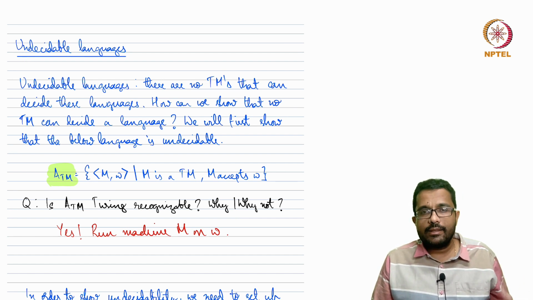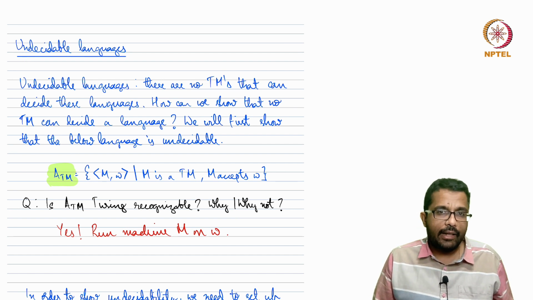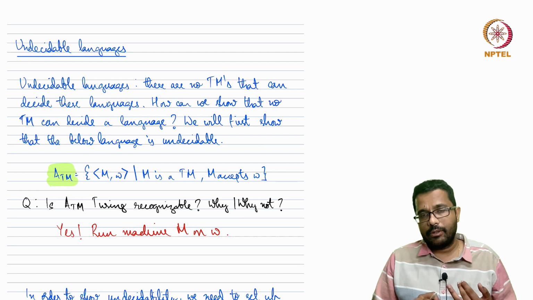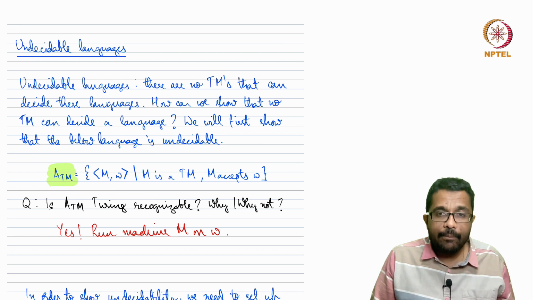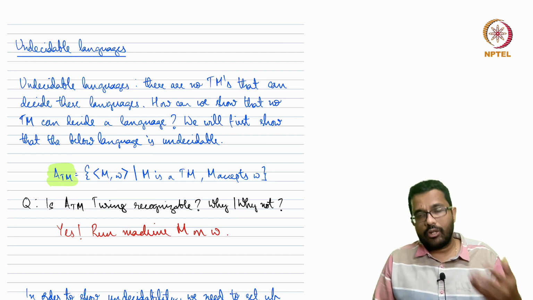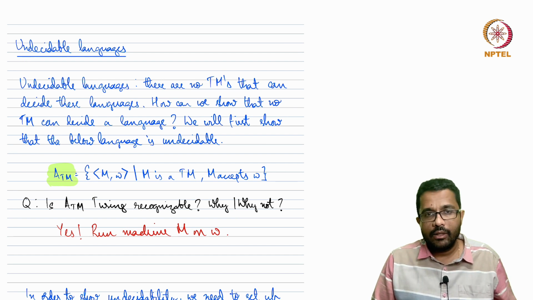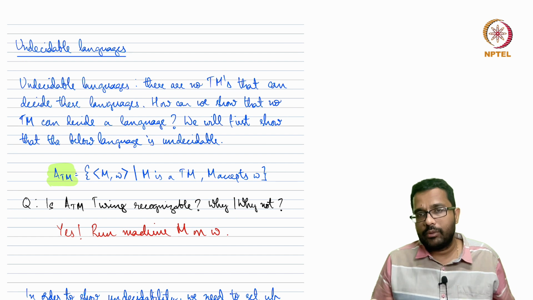But the problem is that this is not a decider. A decider has to accept if M accepts W and reject if M does not accept W. But if M loops on W, if M does not reject W and M does not accept either, there is no way this machine will get to an outcome, right?